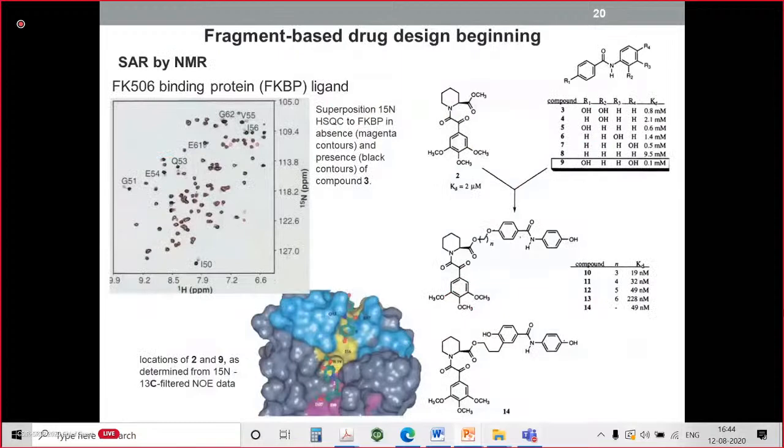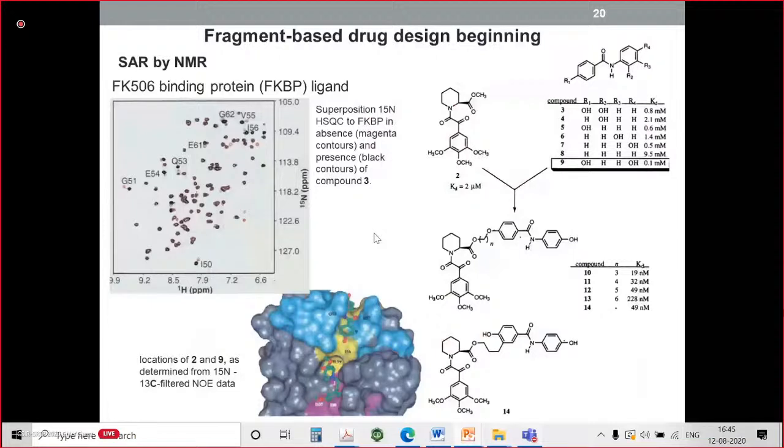So I'll discuss a first example, a very interesting one, based on fragment-based drug design. It begins with NMR studies. NMR is a very important tool for the characterization of different proteins, small molecules, and their interactions. This is explored in the form of SAR by NMR for targeting the FK binding protein.